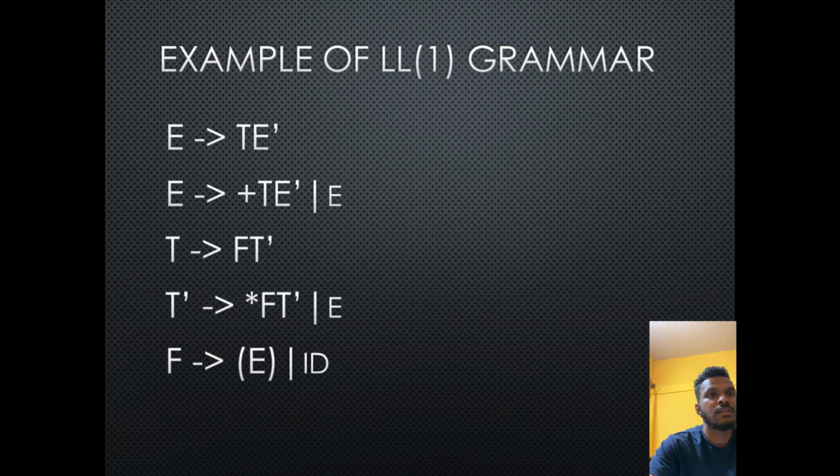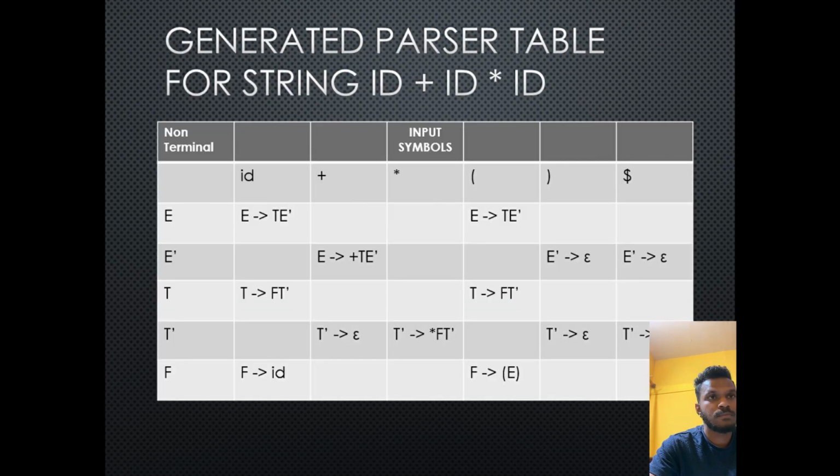Now let us look at an example of LL(1). I've considered this grammar: E → T E', E' → + T E' or ε, T → F T', T' → * F T' or ε, and F → (E) or id.